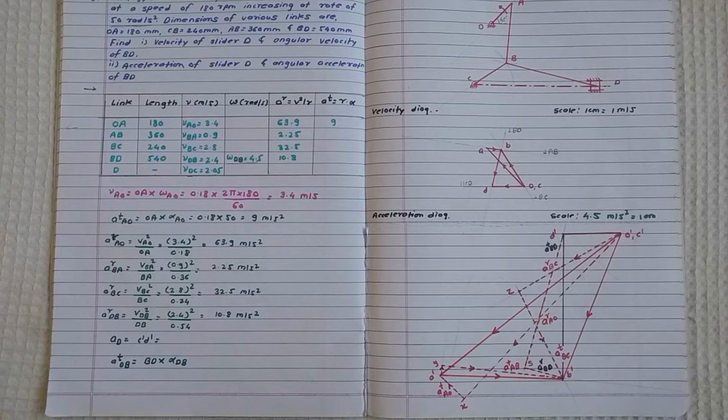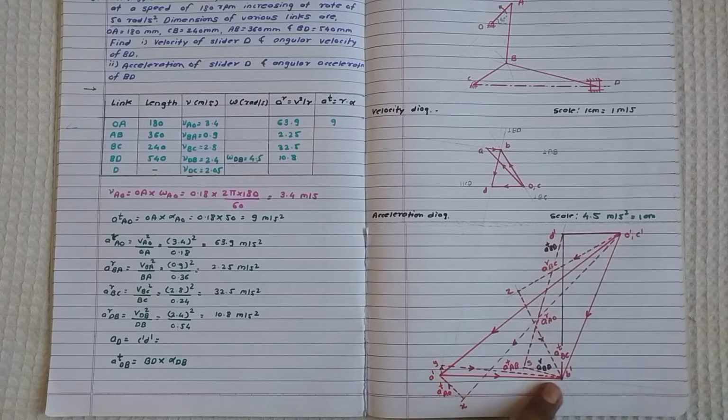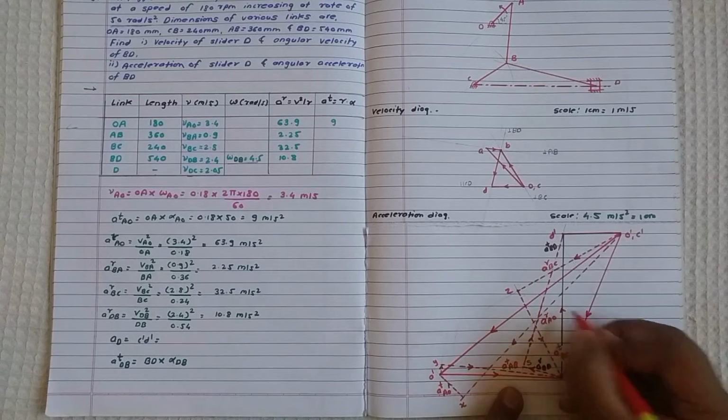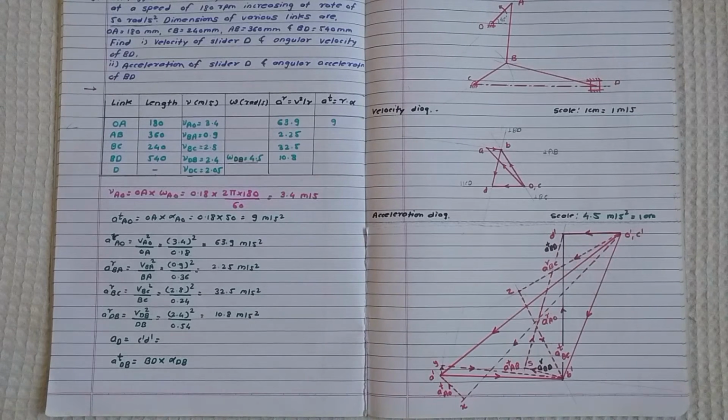Next B to D: its radial will be like this, tangential will be like this, total B to D, and O to D, that is the slider. So this is the total acceleration diagram.